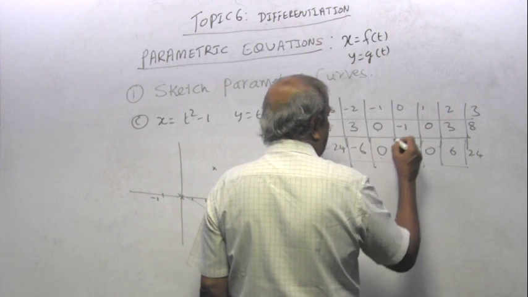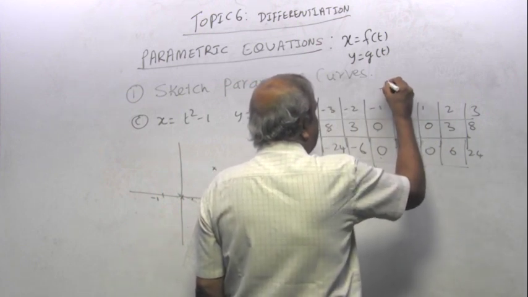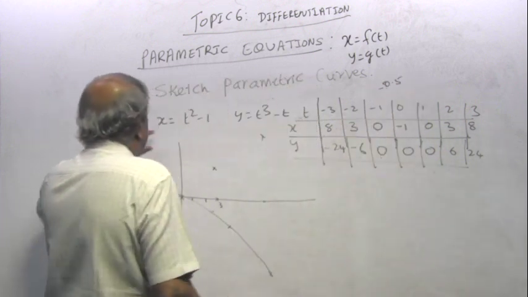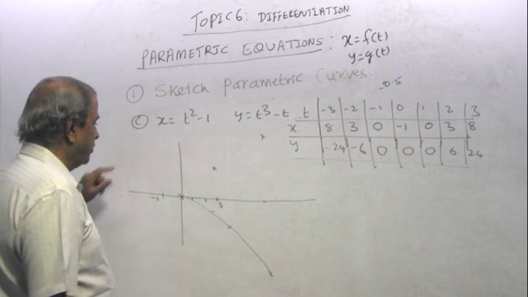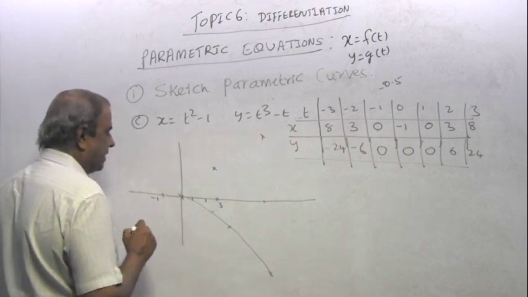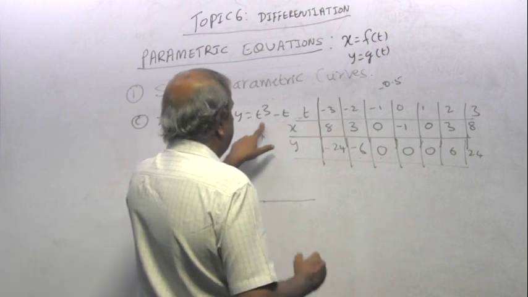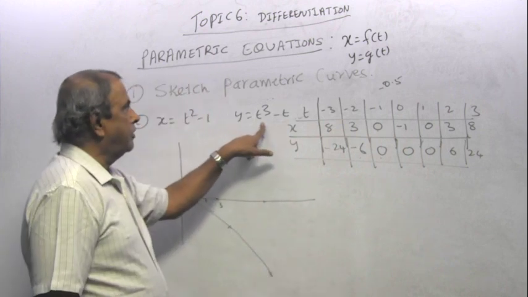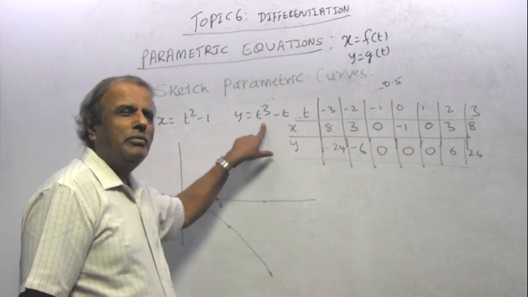Between 0 and 0 and minus 1 and 0, I'll take minus half, minus 0.5. 0.5 squared is 0.25. 0.25 minus 1 is minus 0.75, somewhere there, negative. And then 0.5 cubed is 0.125.